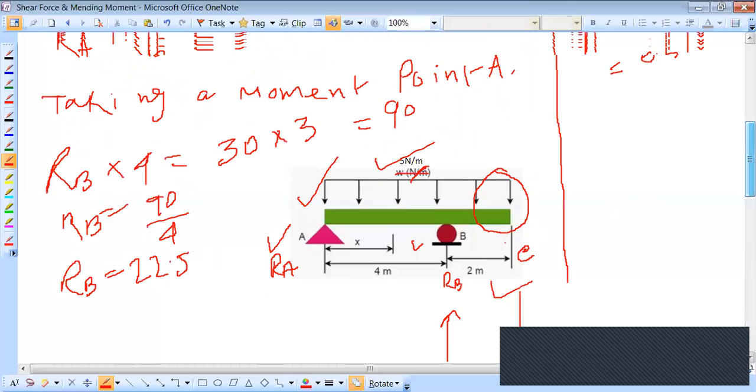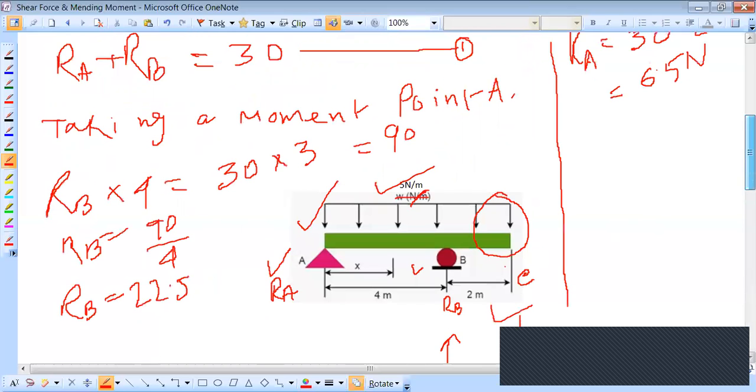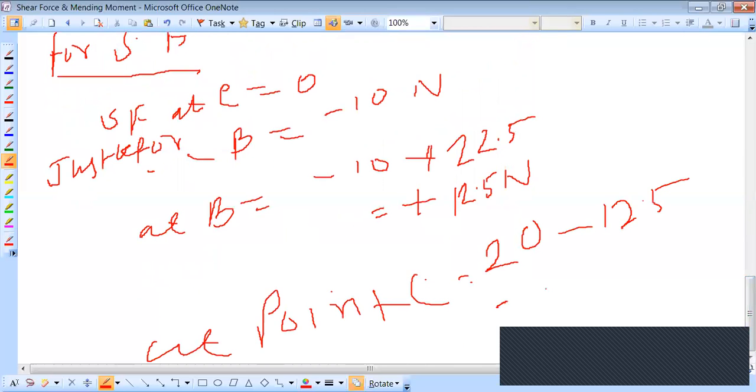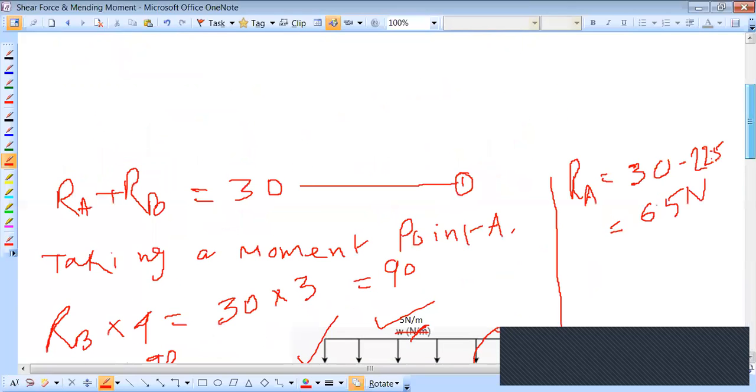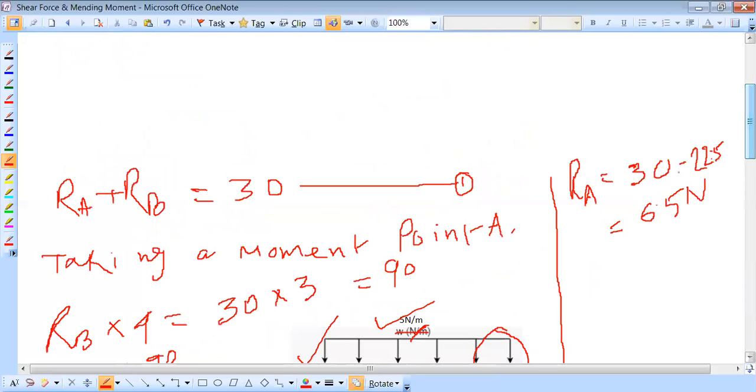You can easily calculate the value of this one, 7.5 actually. Here you can make a mistake, but this is 7.5.